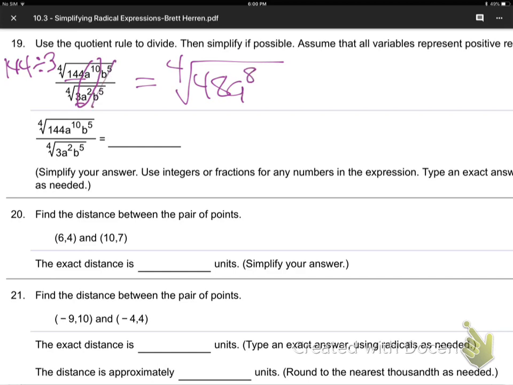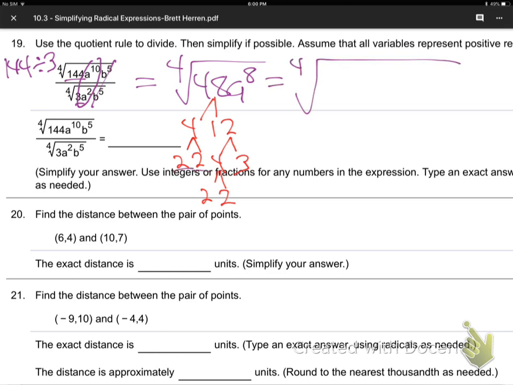So now how do we simplify that? We'll break down the 48. That's 4 times 12, 2 times 2, 4 times 3, 2 times 2. So what do we have there all together? This is the 4th root of 4 2's and a 3, and then 8 A's.